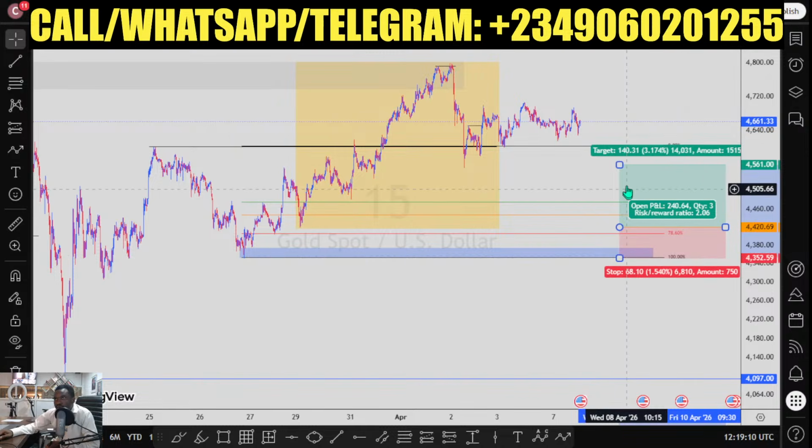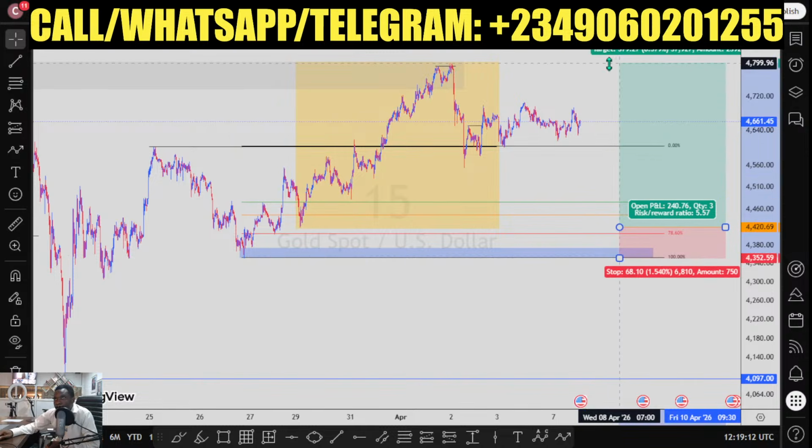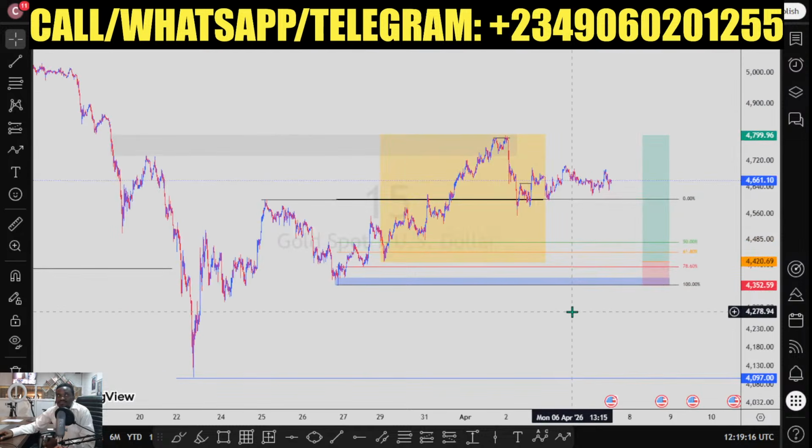That is some gold. This is the 15-minute chart of gold.